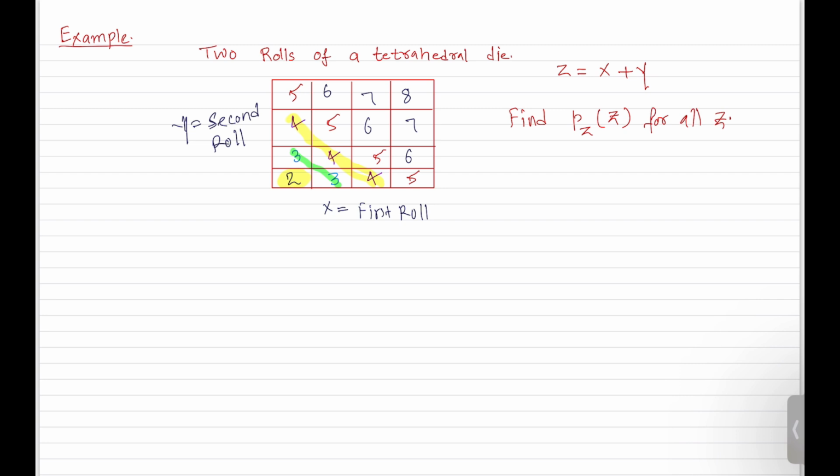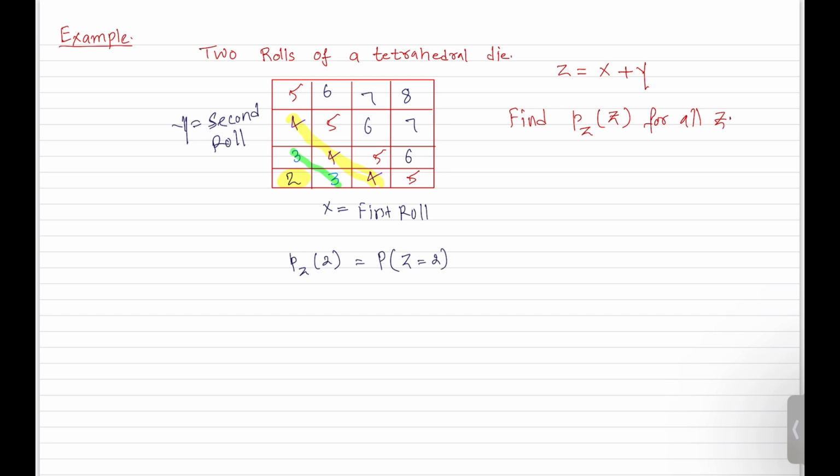So this random variable z can take the value 2, right? That is one of the possibilities, and we can also write this as the probability that random variable z is taking the value 2. What's the probability of that?